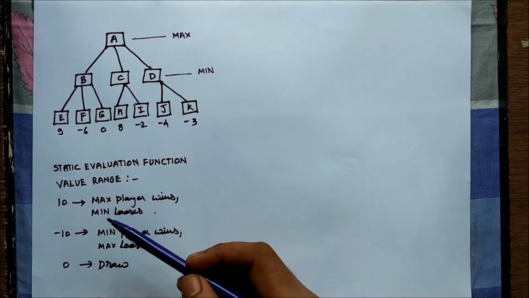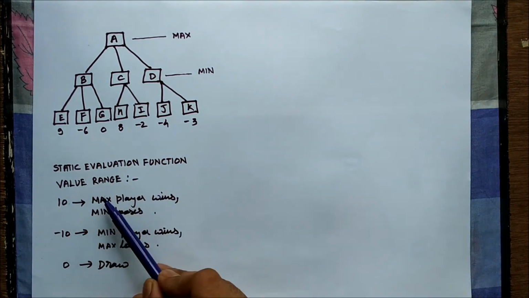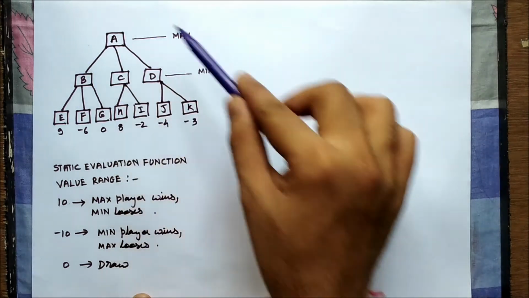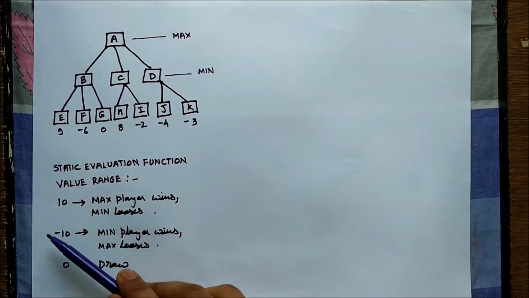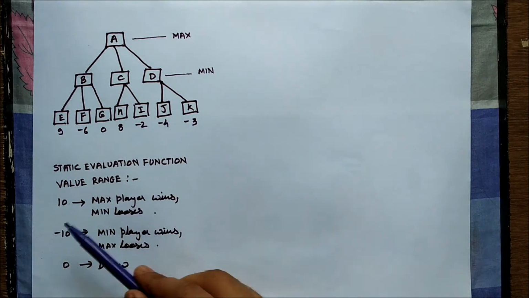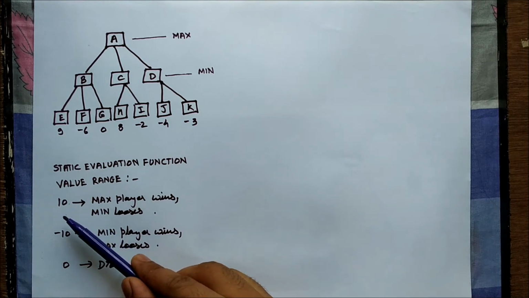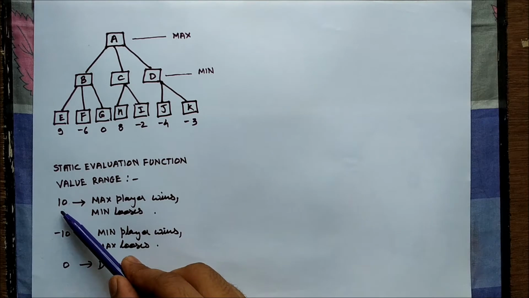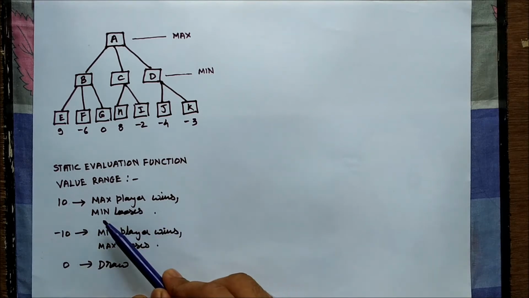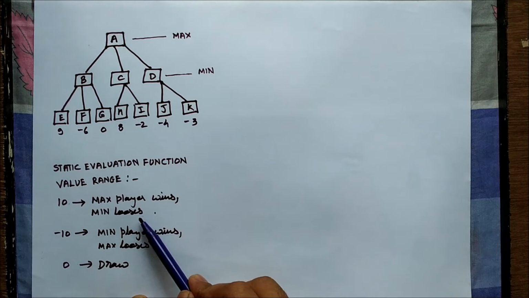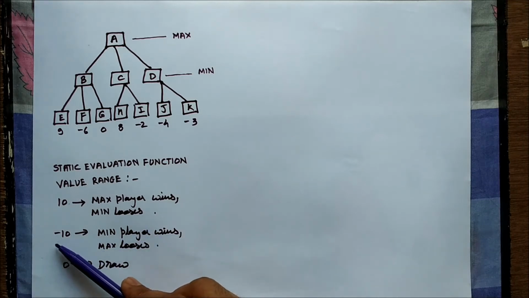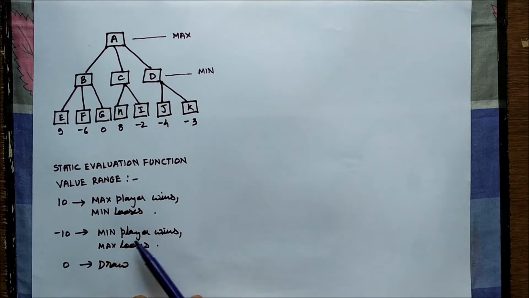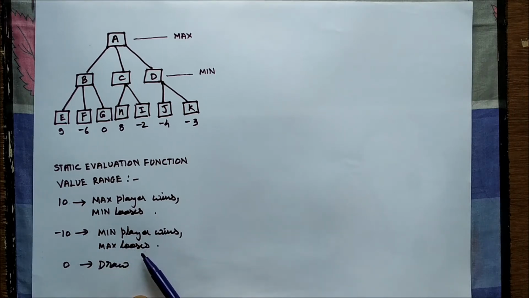Okay, so the static evaluation function that we have considered in this particular example has a range from -10 to 10. So if you reach a node with value 10, that means the max player has won and the min player loses. If you are able to reach -10, the most negative number, then the min player wins and the max player loses.